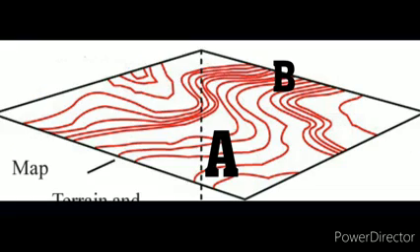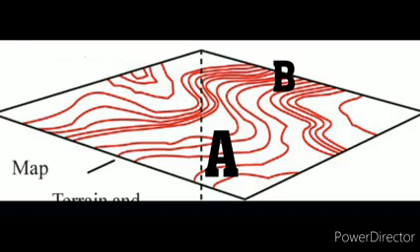Let's analyze the next characteristic of contour lines. You might have noticed that in the given picture, the contours are closely spaced at certain places and are farther apart elsewhere. Look at the picture again.